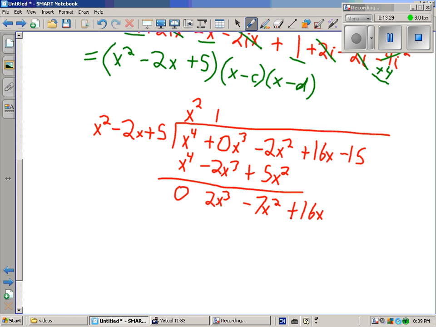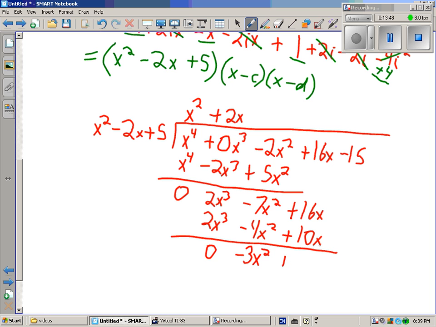That means we get a 2x up here. x squared goes into 2x cubed that many times. Multiply it out, we get 2x cubed minus 4x squared plus 10x. 0, negative 3x squared plus 6x minus 15.